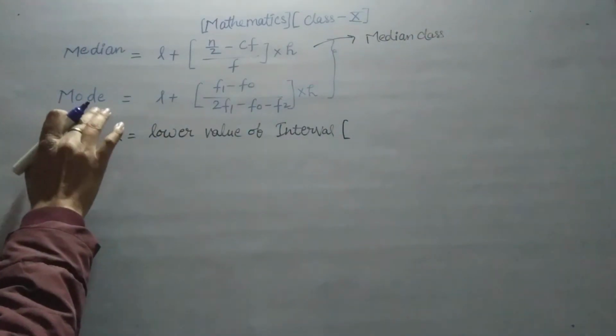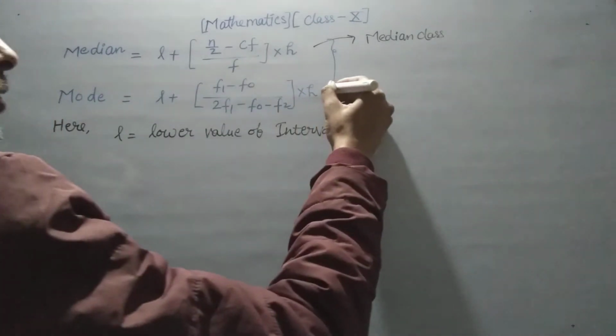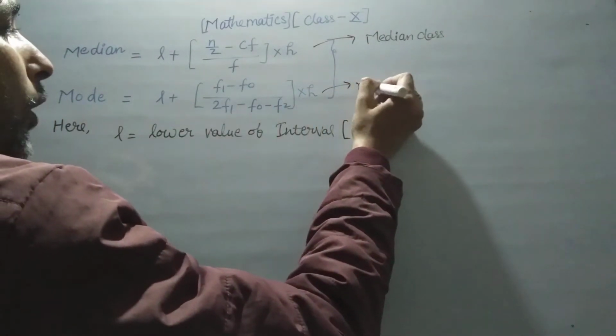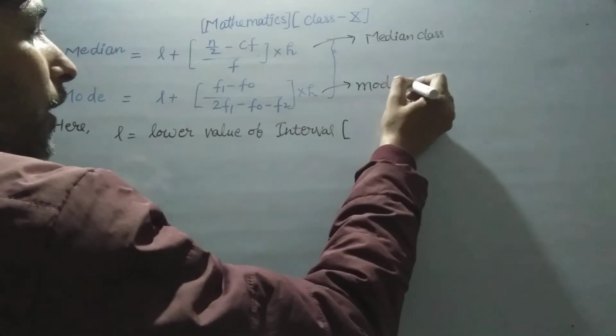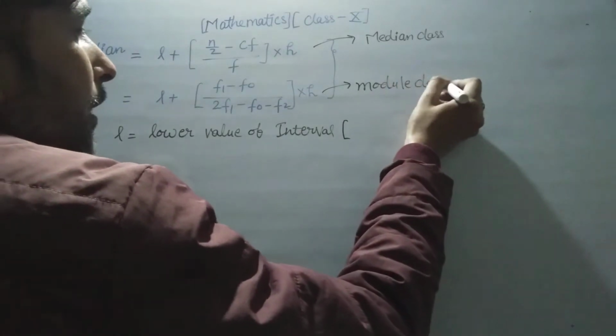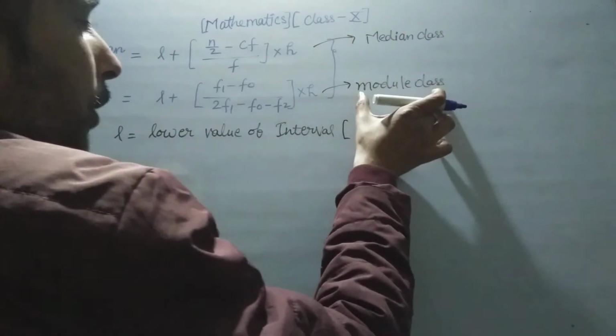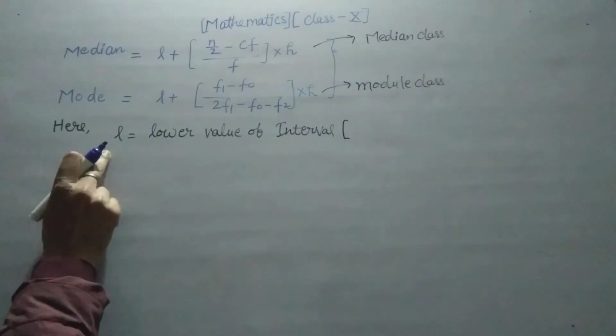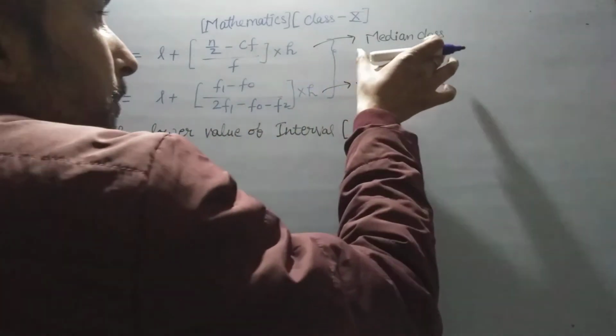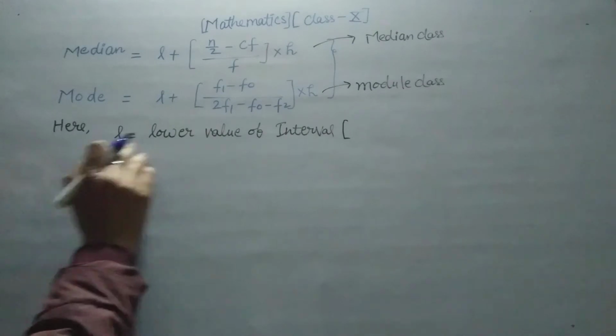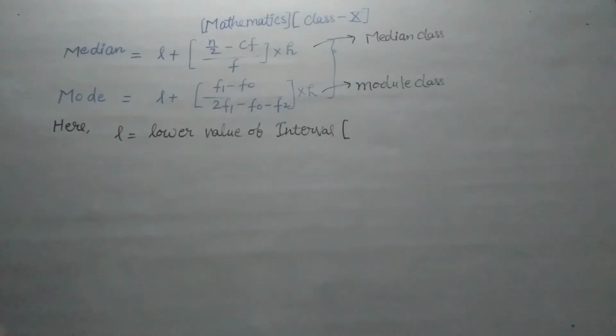And if you have to find the mode, then you have to find the modal class. In the modal class you find the lower value, and in the median class you also find the lower value of that interval.